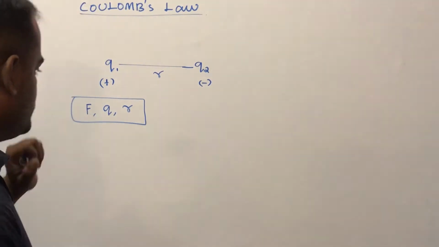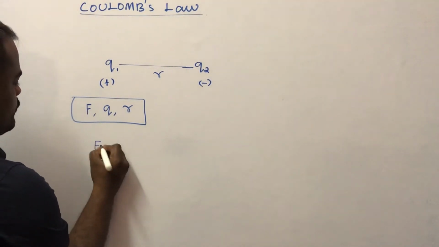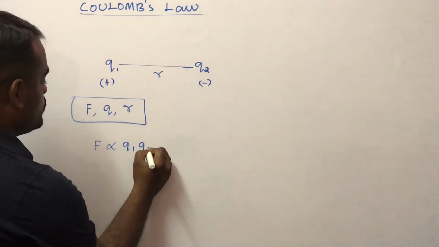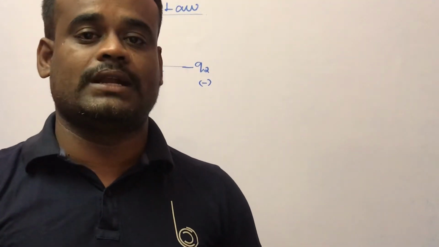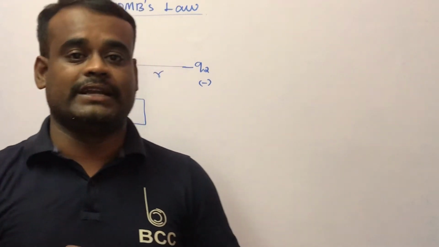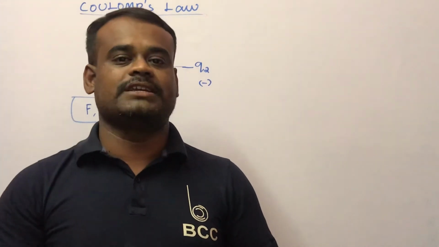First we find the force. Force is directly proportional to Q1 Q2. Why do we say force is directly proportional to Q1 and Q2? In 11th standard we already studied gravitational force. Why are we talking about gravitational force?